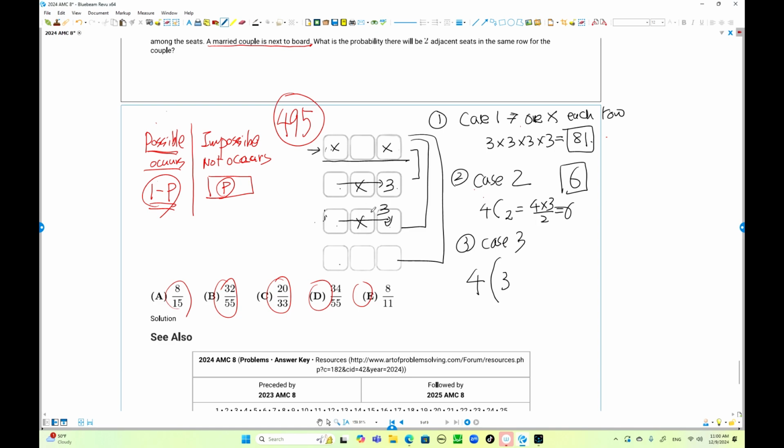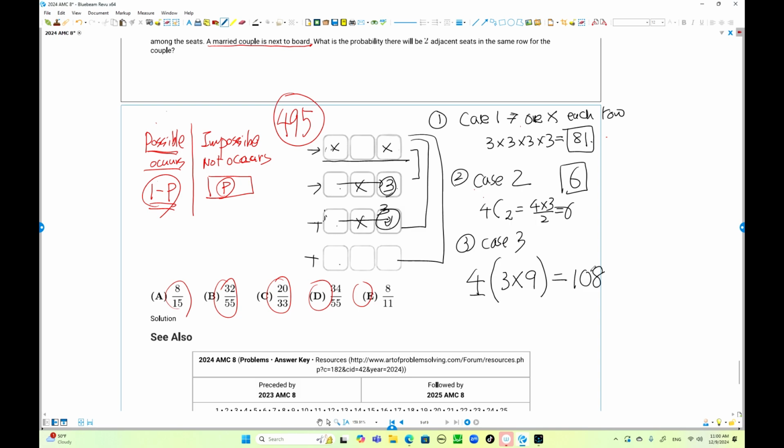So this one is 3 times 3, that is 9. By each case it's 27, and with 4 rows, 27 times 4 is 108.